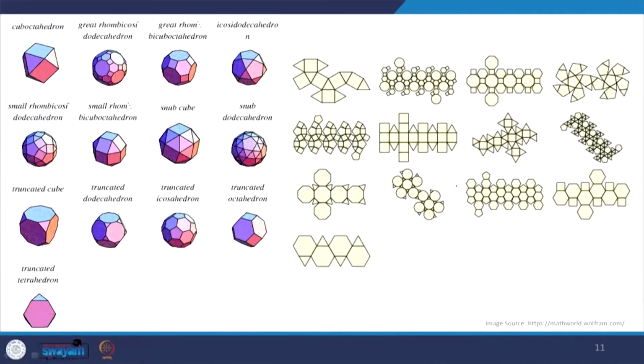Let us go over each one of these. If you read about them and remember what shapes these Archimedean solids are made of, then you can draw them conveniently. The first and only important thing is to know what each Archimedean solid is made of.